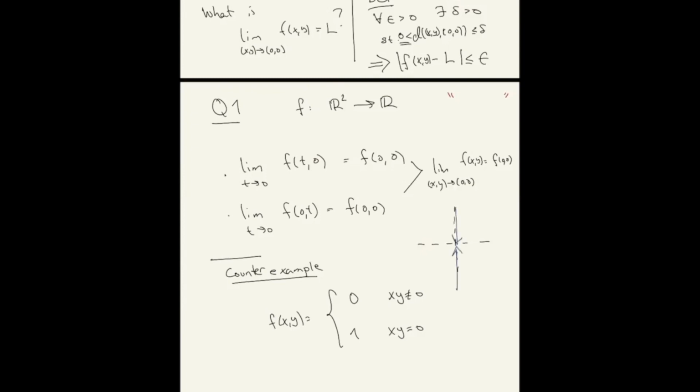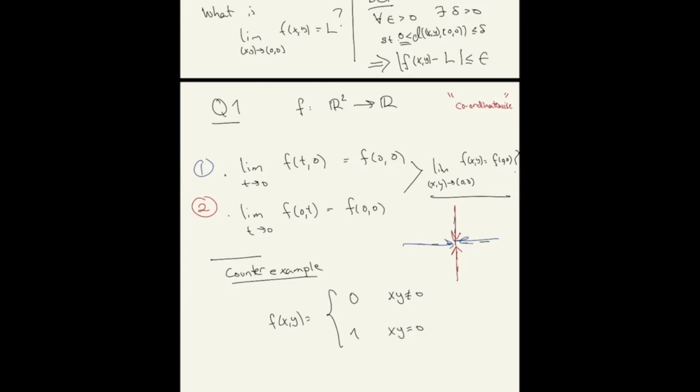The first one is approaching along the x-axis, and the second one is along the y-axis. Is it then true that your 2-dimensional limit is equal to the function value? So this is coordinate-wise.